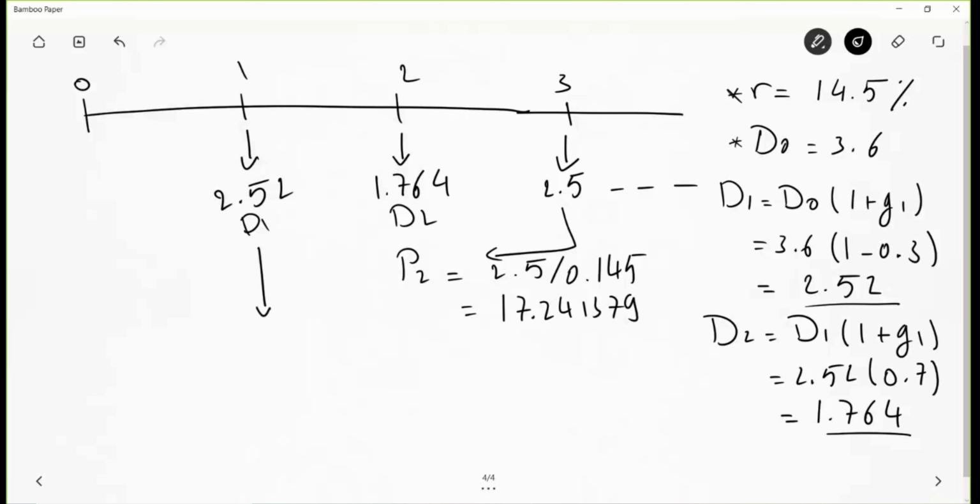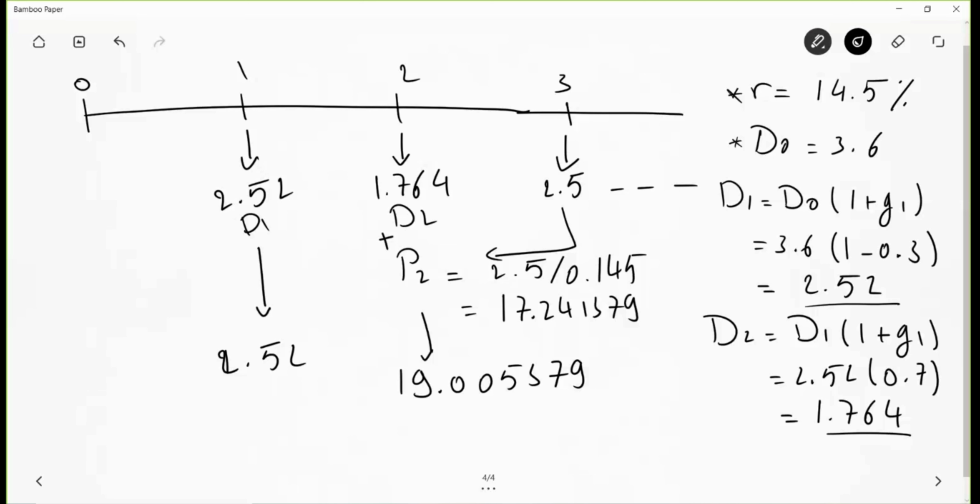I identify the cash flows. So I have in year 1 2.52. In year 2 I have D2 plus P2. So I add those two values. I have 19.005379. Now I use the cash flow function.